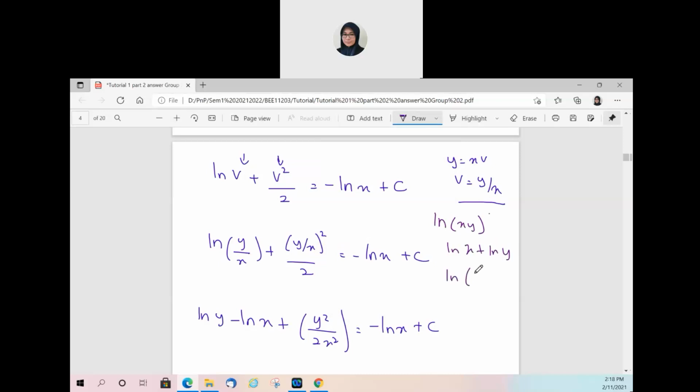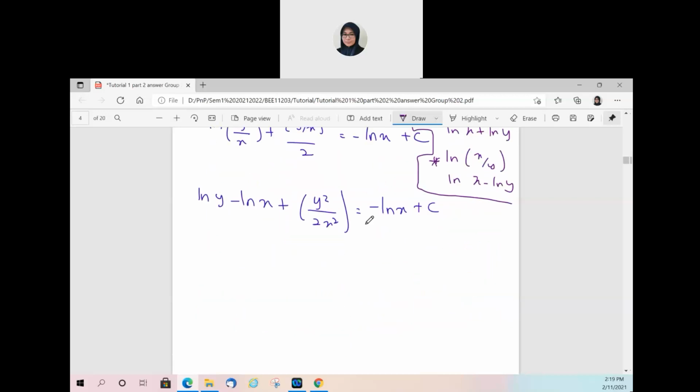If ln x over y, you will have ln x minus ln y. Remember these two rules here. Here you have ln y over x, therefore ln y minus ln x.